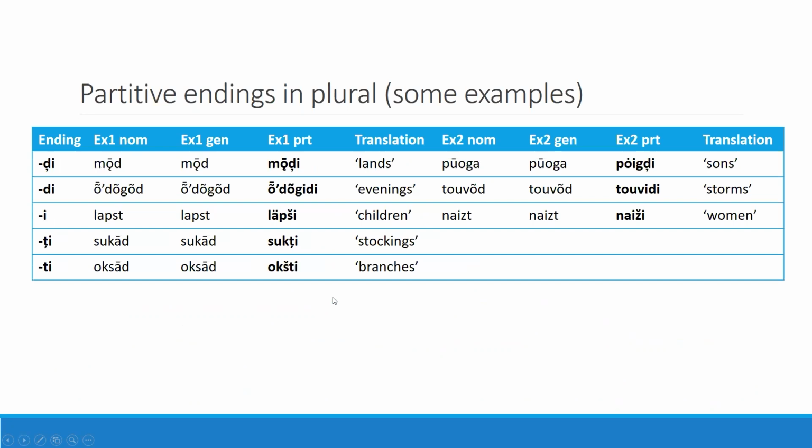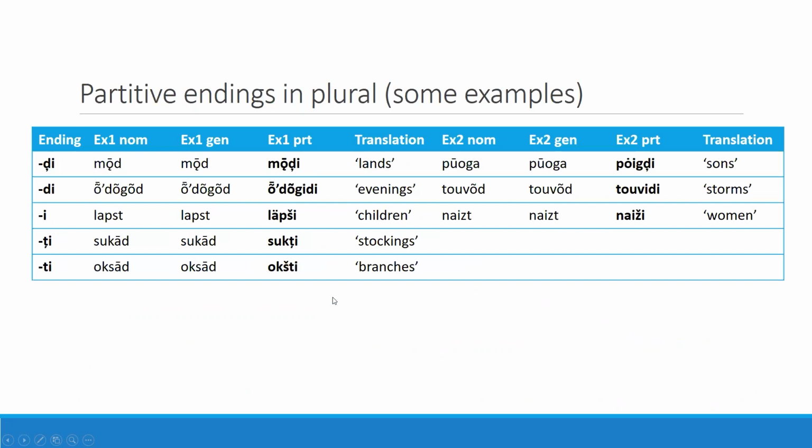Oh, sorry. Okay, let's take this T here. This is only with certain A stem words where you have P or K in the stem, so sukad. So this is quite a closed group. Another one would be one type of tree like leopard. It would be lepti, so with K or P.